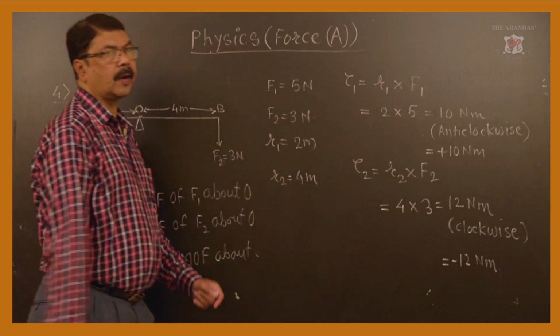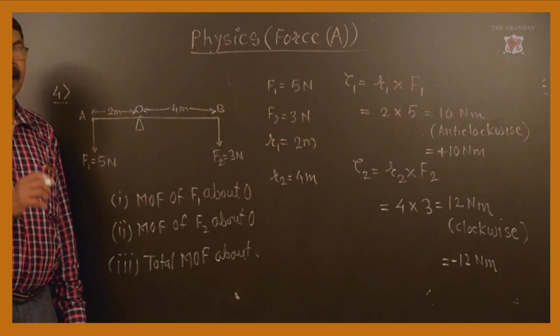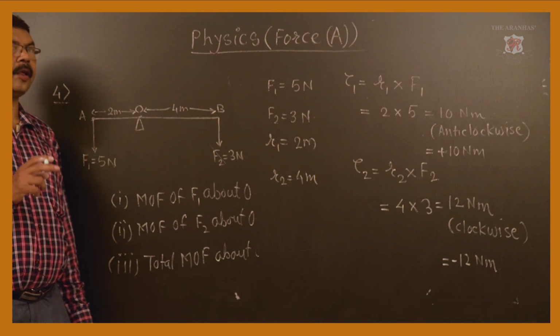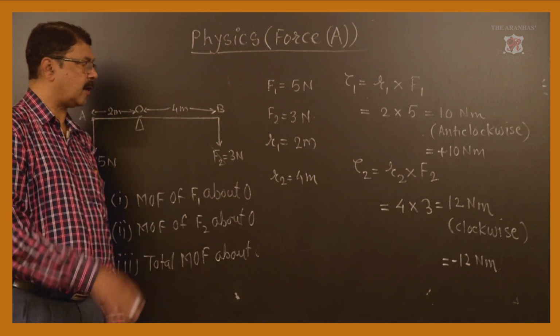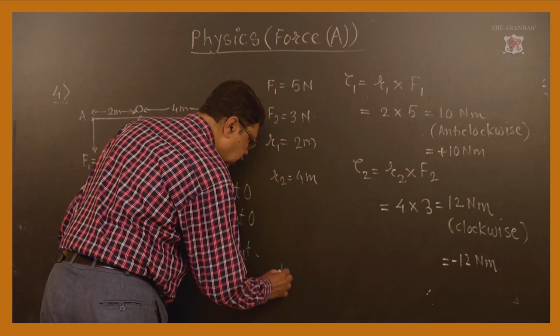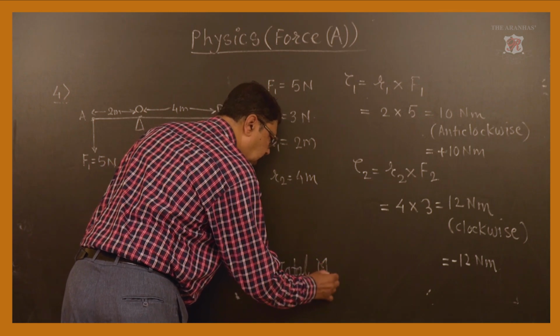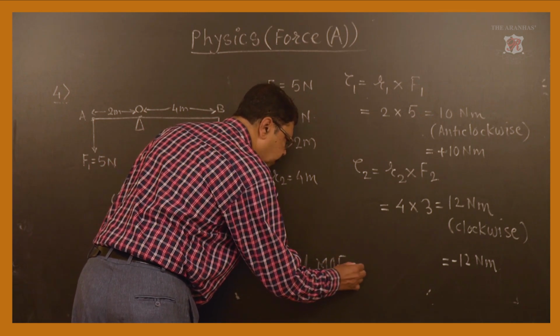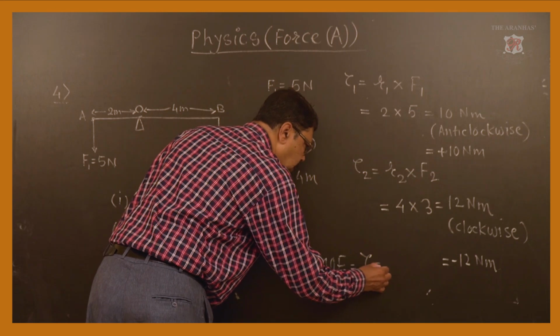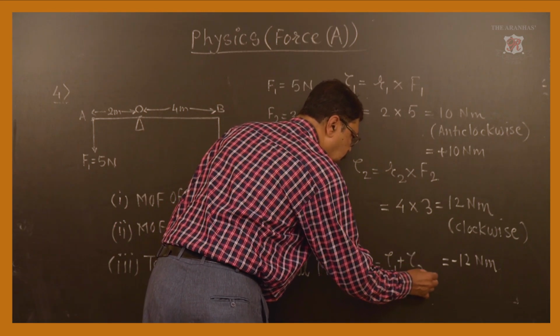Because it is clockwise, our convention says that whichever moment of force is causing rotation in clockwise direction is taken as negative. Now, the total moment of force, total MOF about O, I am calling it tau, equal to tau 1 plus tau 2.